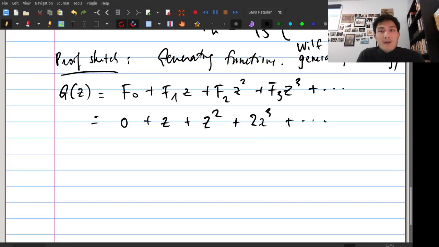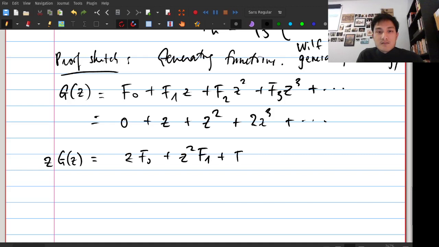Okay, well, what happens when you take a power series like this and you multiply it by z? So what does z g(z) look like? It's going to be z times f0 plus z squared times f1 plus z cubed times f2, right? I realize I didn't change the order around, but it doesn't really matter.